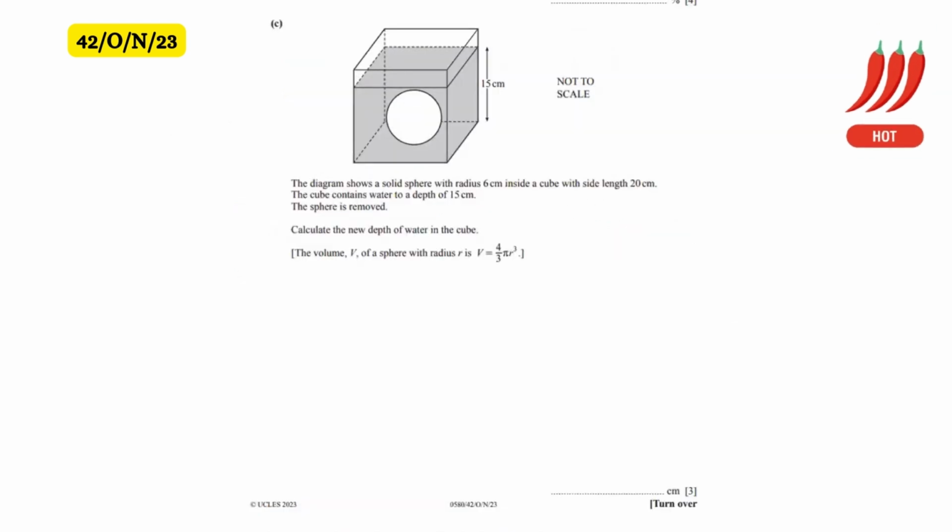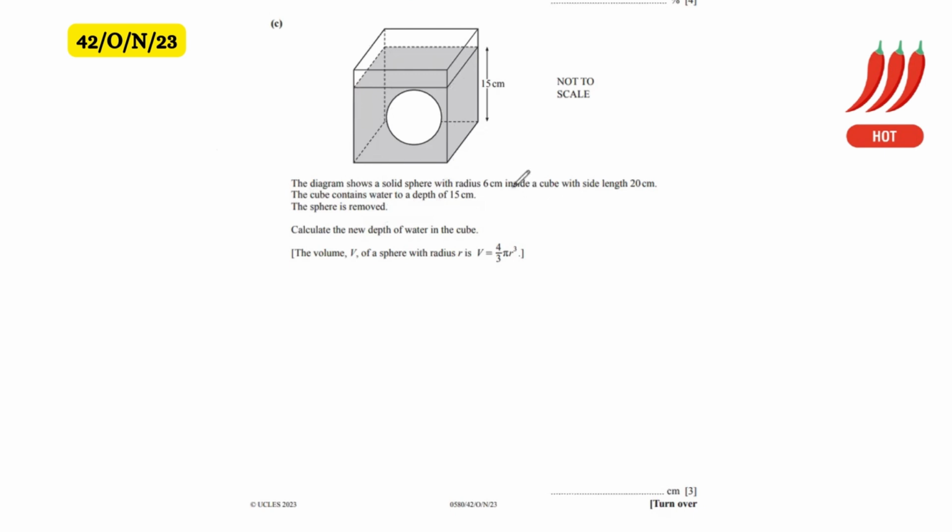And part C says the diagram shows a solid sphere with radius 6 centimeters inside a cube with side length 20 centimeters. The cube contains water to a depth of 15 centimeters. The sphere is removed. Calculate the new depth of the water in the cube. So to find the new depth, first we need to find the volume of the water in the given condition.